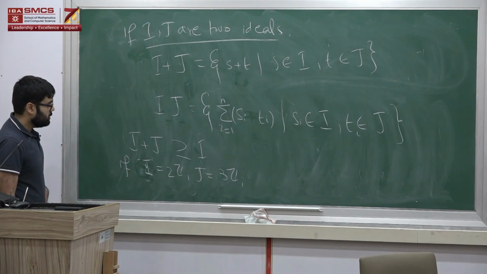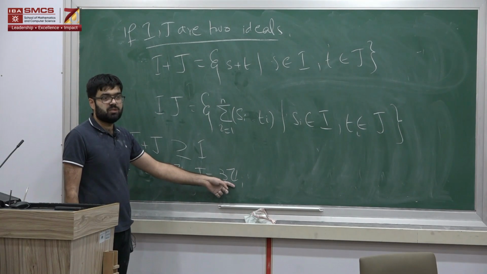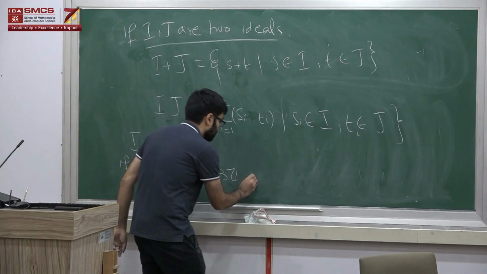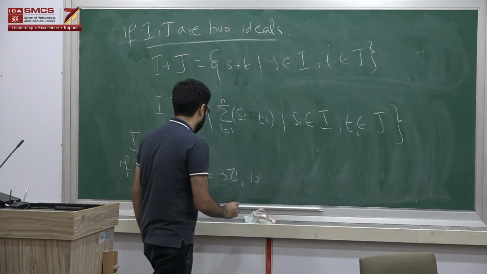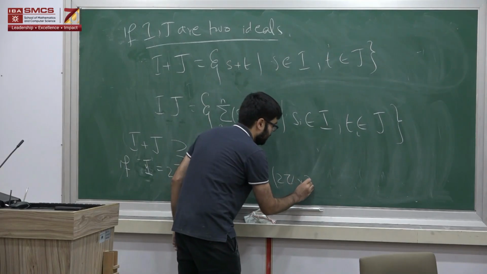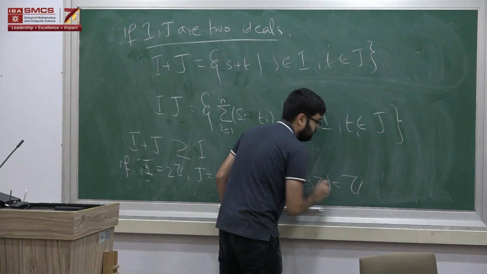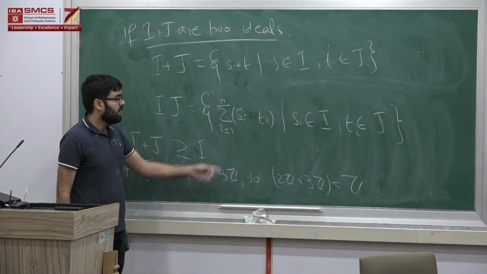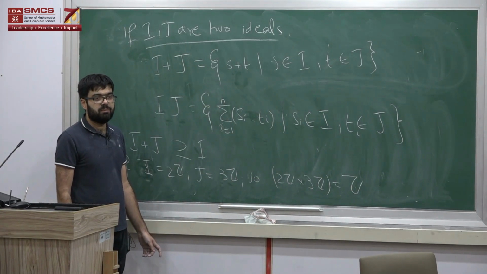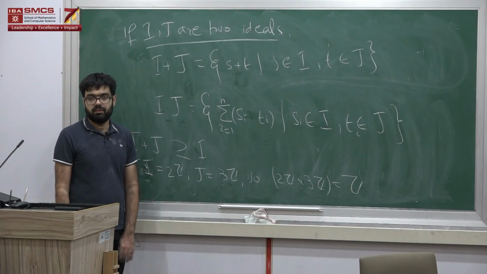So there is a linear combination of elements of I and J which is 1. So 2Z times 3Z is the integers. So, you get all integers as finite linear combinations of elements, which are multiples of 2 and multiples of 3.